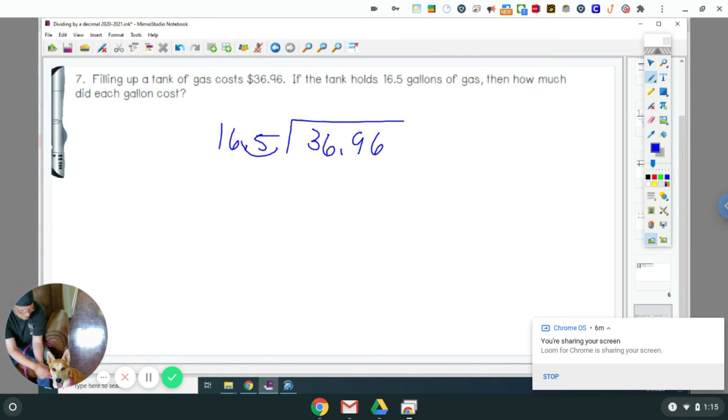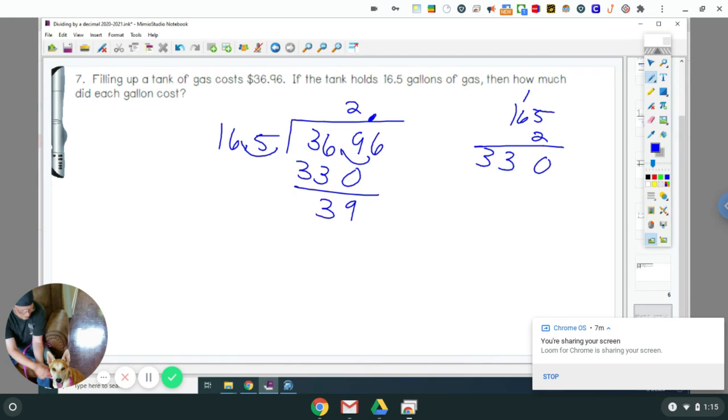Move your decimal once, so now it's between the 9 and the 6. So 165 goes into 369 twice. 165 times 2 is 330.